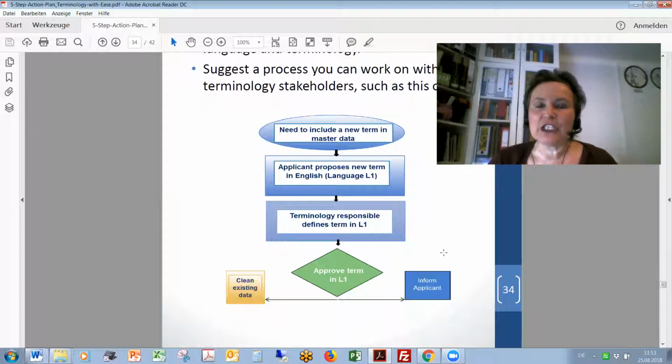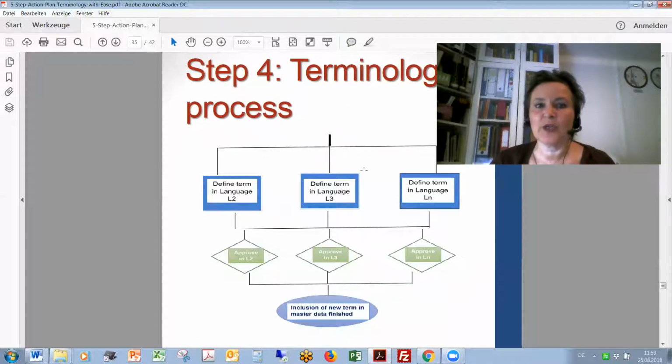And she designed a generic process which can be applied actually for all sizes and all kinds of organizations and companies. So this is really great. Have a look at it. It's these 2 pages. And of course, you have to model it and you have to adapt it.